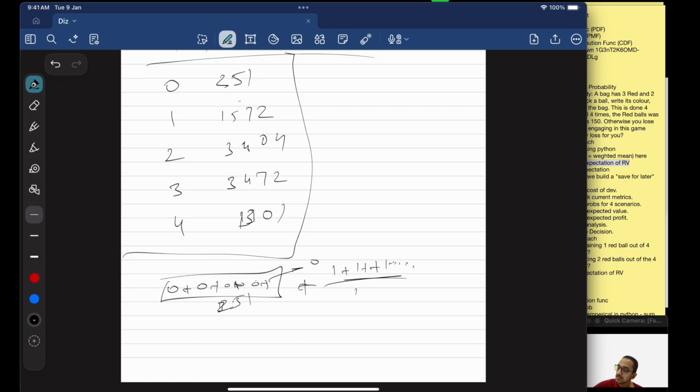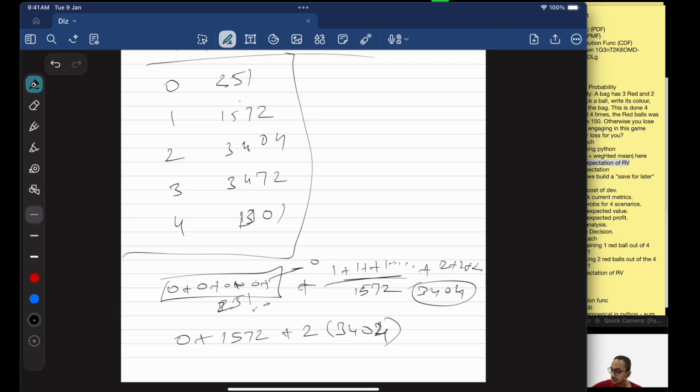This count is like 1572 times. So basically what is that? 251 times 0 is 0, plus 1572 times 1, right? 1572, that will be 1572. And then same with the 2's. So 2 plus 2 plus 2 plus 2, that came 3404 times, right? So all we have to do is 2 times 3404.